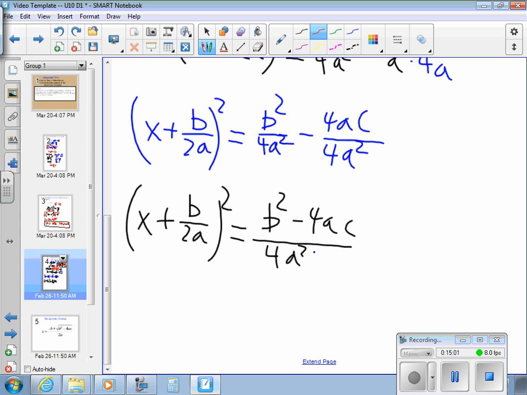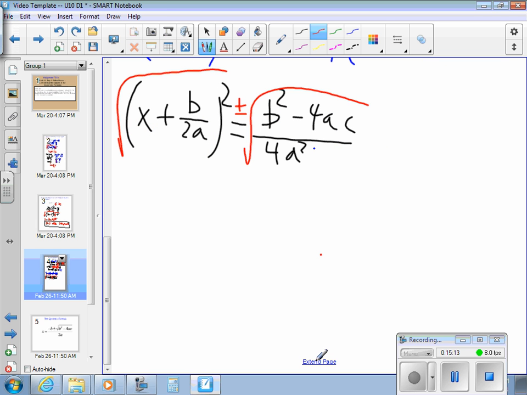Okay, it is now time to take the square root of both sides. And again, when I do that, I'm introducing this plus or minus. So let's take a look at this. So over here, the square root and the square cancel each other out, and I'm left with x plus b over 2a.